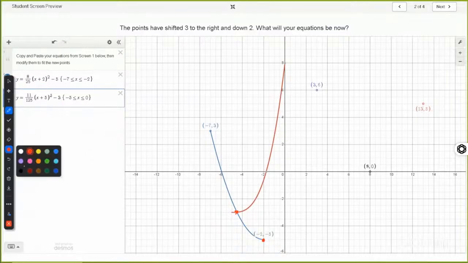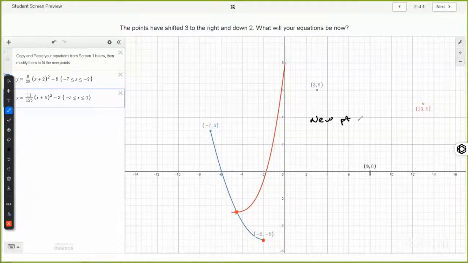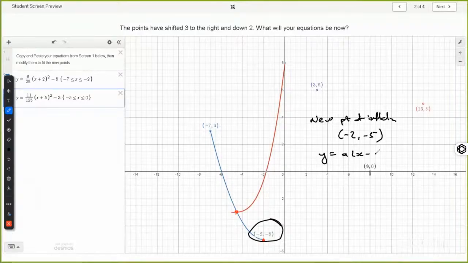Okay, so let's make some notes on this as well. My new point of inflection is going to be -2, -5, and remember the original graph was y equals a (x minus p) cubed plus q. P is going to be there, q is going to be there, so y will equal a (x minus 2) cubed, where minus becomes plus 2.